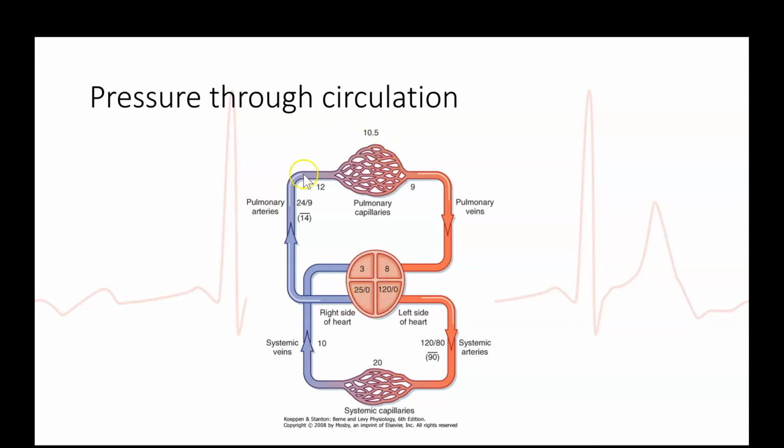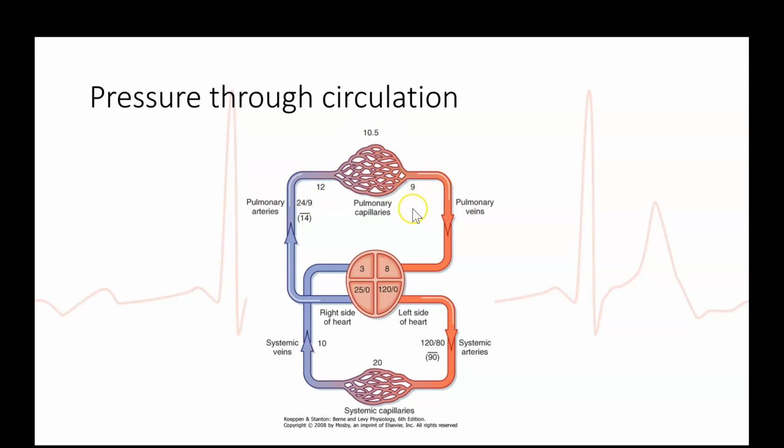Why? Because like I said before, the right side of the heart is a low pressure system. So when we pump, we generate 25 millimeters of mercury, we pump out of the pulmonic valve into the pulmonary arteries, taking blood away from the heart to go pick up oxygen in the lungs. So in the pulmonary capillaries, we go from the pulmonary arteries average of 14 down to 12 down to 10.5, and then we come back to the pulmonary veins.